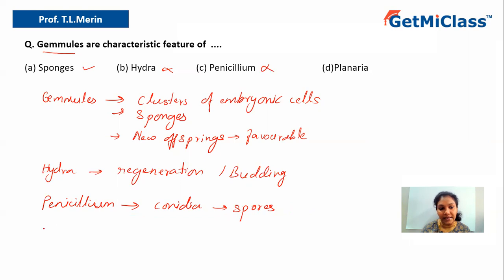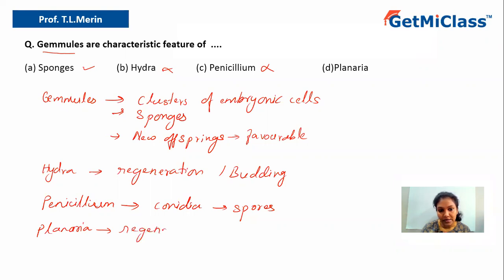Option D says Planaria. So what do you understand by Planaria? Planaria is a type of eukaryotic organism which reproduces by, again, the asexual mode. In case of Planaria, it happens by regeneration again.